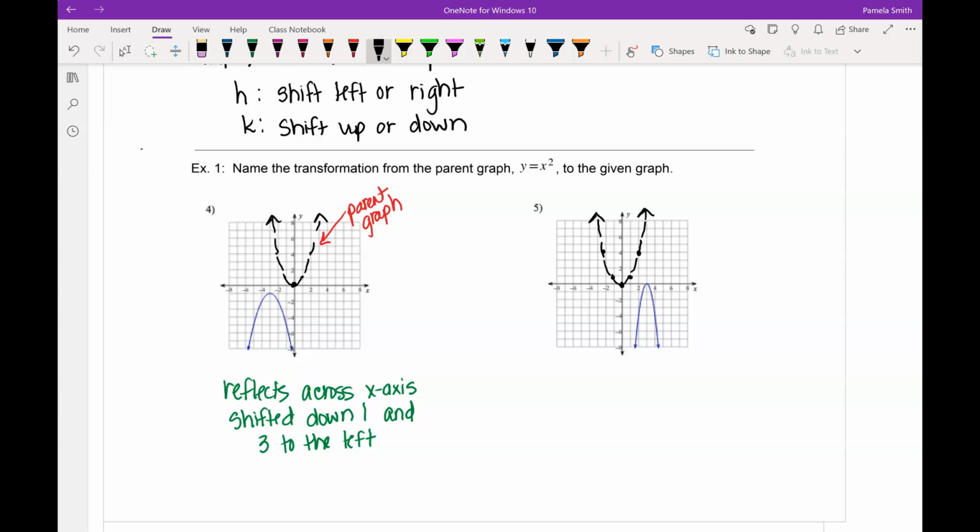So on number 5 here, what are some transformations that happened? It reflects across the x-axis because it is opening down now.